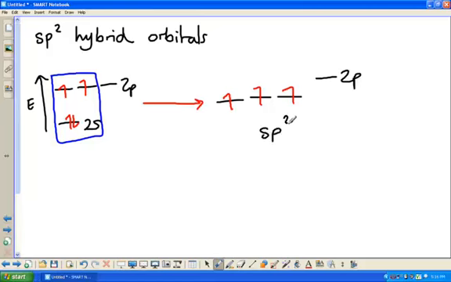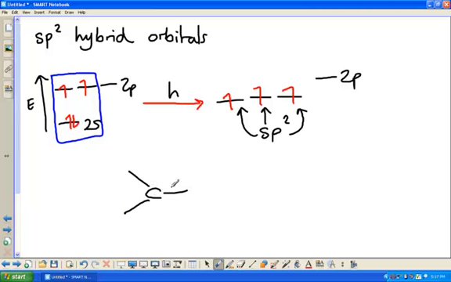These are our 3 sp2 hybrid orbitals. That's our hybridization process. So we have 3 of these sp2 hybrid orbitals. And when you have 3 orbitals, what's the best way to have them separated? Well, all in one plane, have them 120 degrees apart. Something like so.